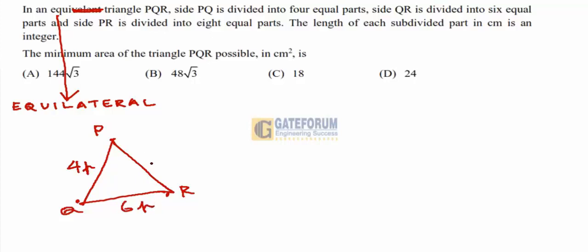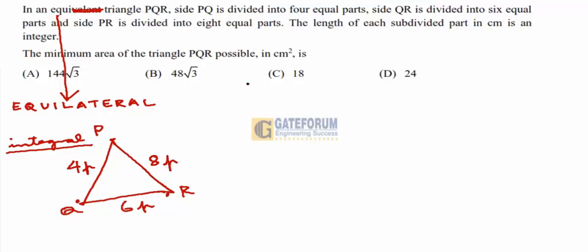And this is divided into 8 equal parts. They have said that the length of each subdivided part in centimeter is an integer. So each of these subdivisions is integral. The values are integral. What is the minimum area possible of the triangle PQR?